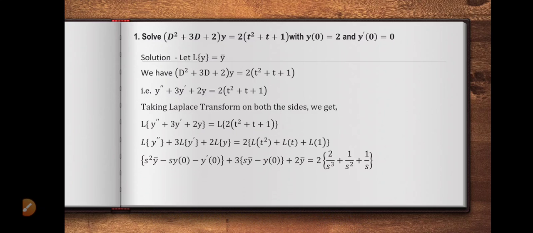Now you are given the conditions y of 0 equal to 2 and y dash of 0 equal to 0. So using these two conditions you have to simplify this equation. On simplification we get this equation with these conditions. Now you can simplify it further to get y bar as a function of s.